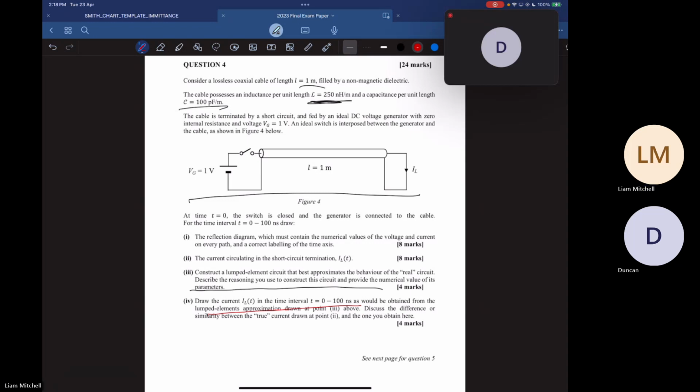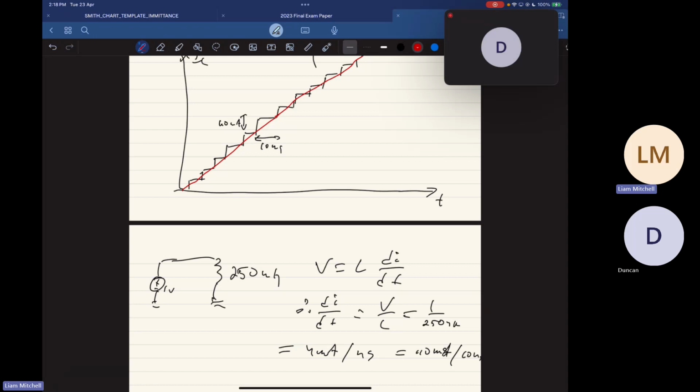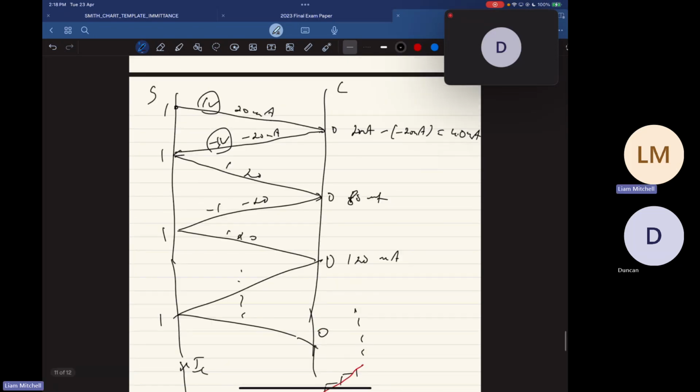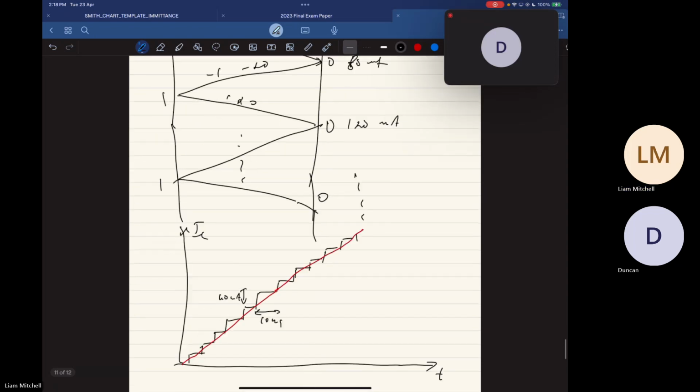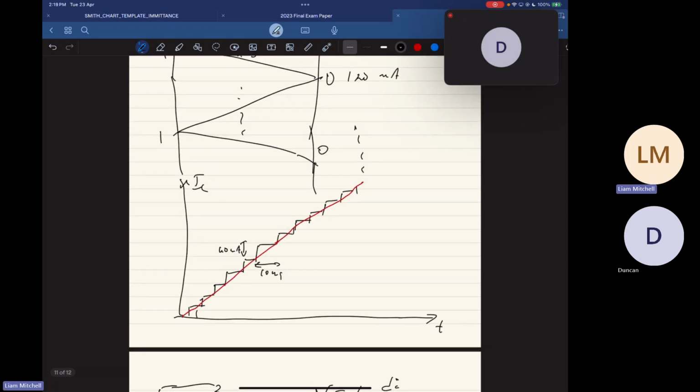And if you look at the current in the source, it's actually going to be offset by 20 milliamps. It's going to be something like this, delayed by a little bit. This is going to be your source current.